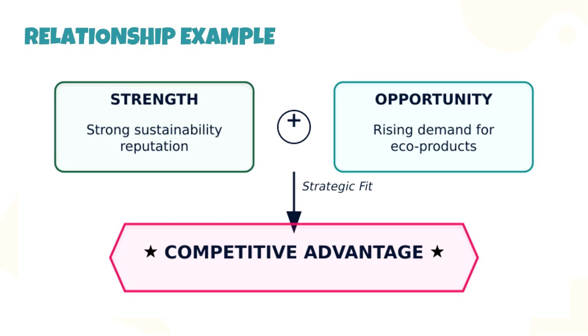Customers know it as a brand that's sustainable. Now, if you look at the opportunity, there is a rising demand for eco-friendly products. So with the strength of the business and the opportunity put together, that gives the business a competitive advantage over its competitors.